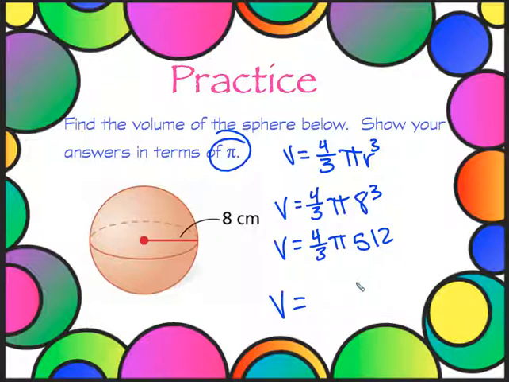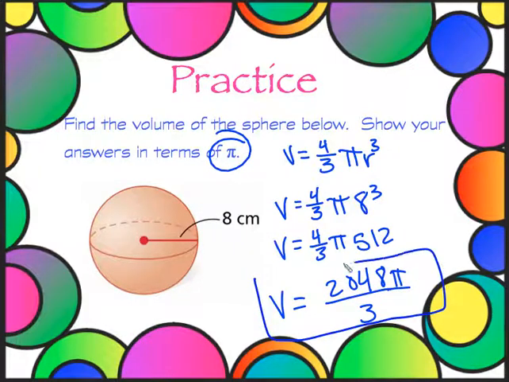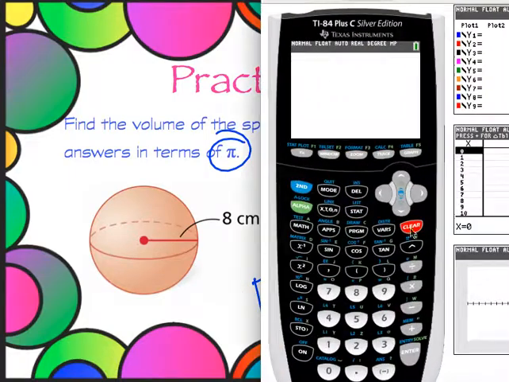So I've got to hit math, enter, and I get 2048 over 3, and pi goes on top. It's not super complicated, but it just looks scary. You can also, here, let me pull up my calculator.